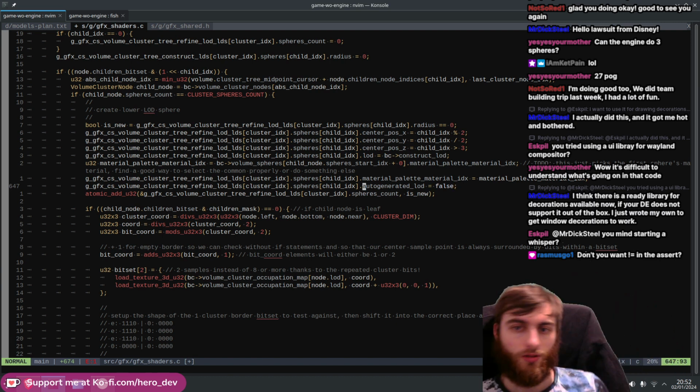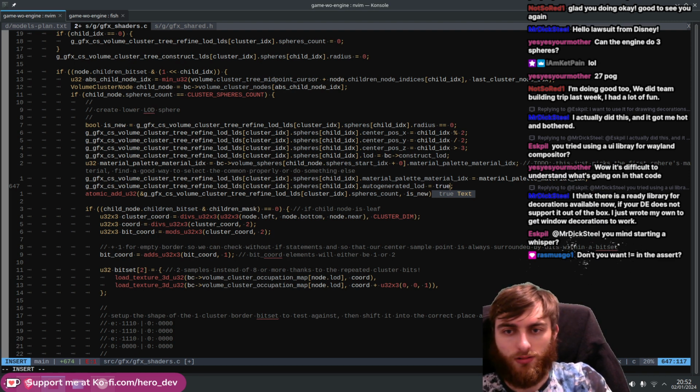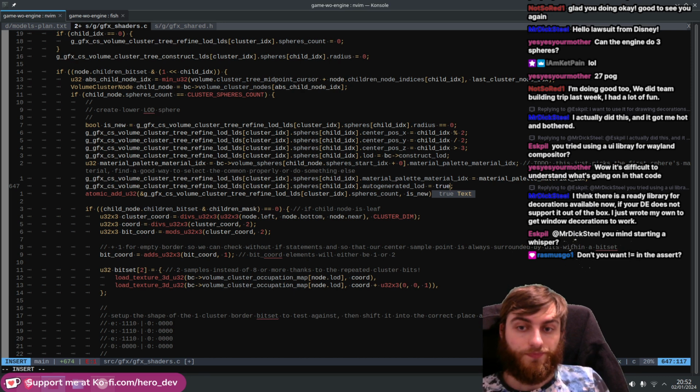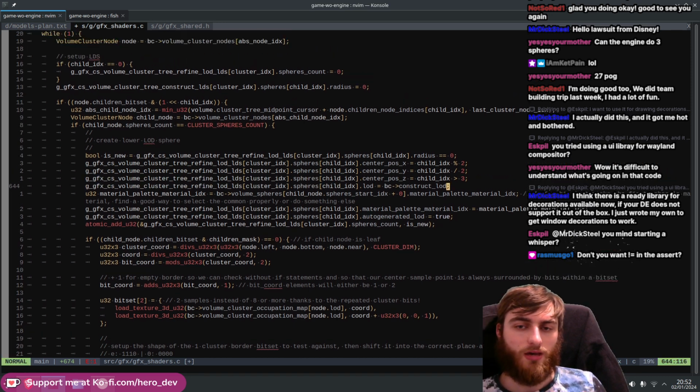So we're going to flag this bit, so it's the auto-generated LOD. Not sure how useful this is actually going to be, but it could be in the future. What LOD is this? We don't have a construct LOD anymore, but this LOD would be node.lod. I think that got filled in.